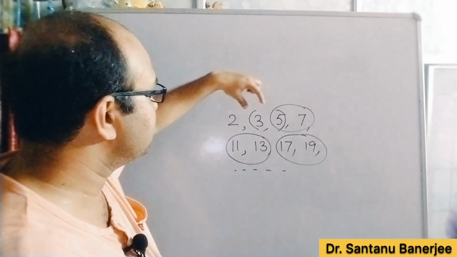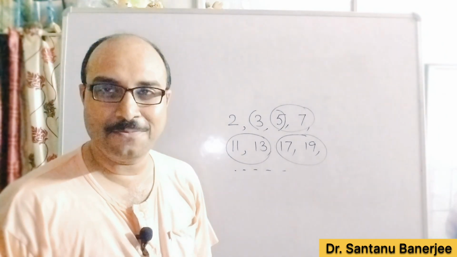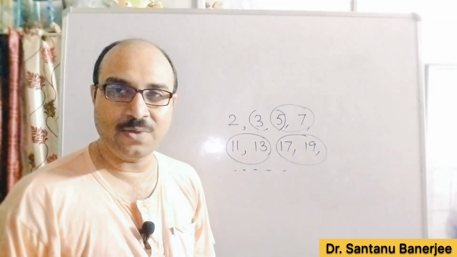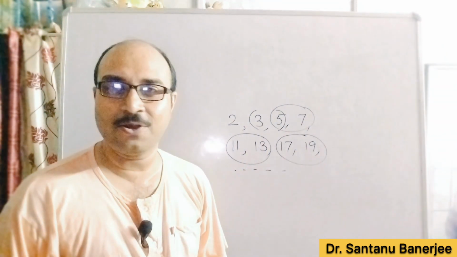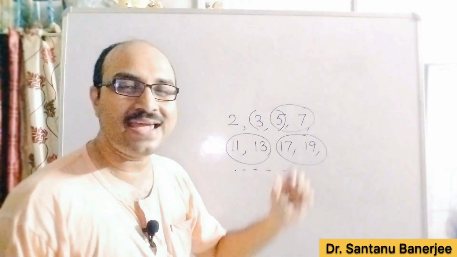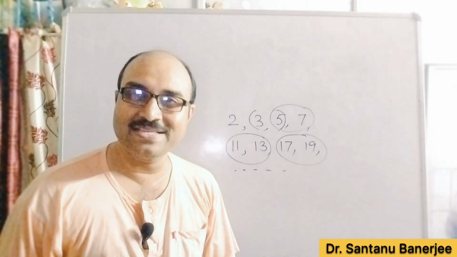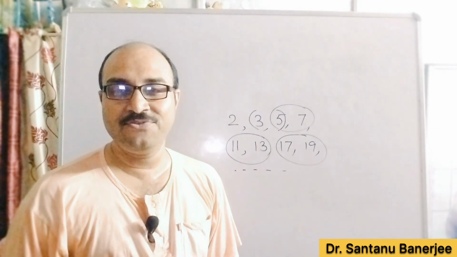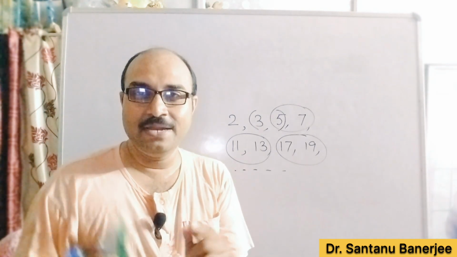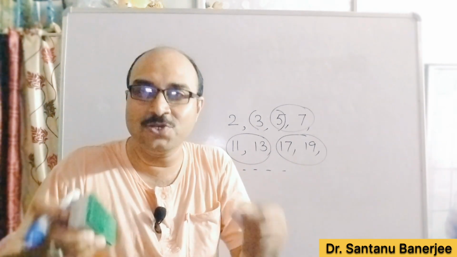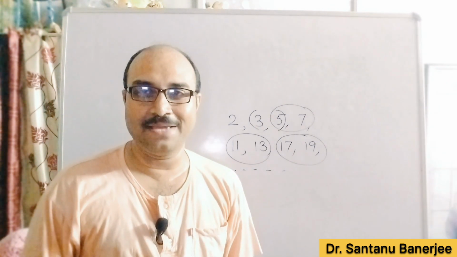For example, 3 and 5 is a twin prime pair, 5 and 7 is a twin prime pair. But 3 and 7 are not twin primes because between 3 and 7 there is more than one non-prime. So if you have only one non-prime between two primes, you call those two primes twin primes.